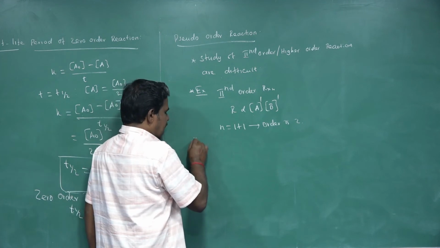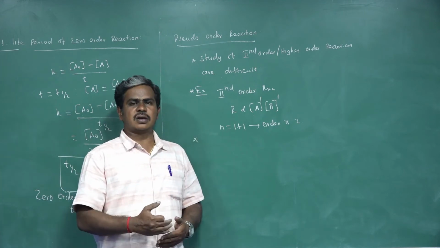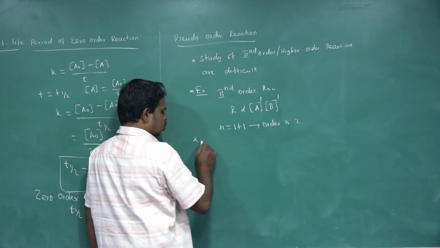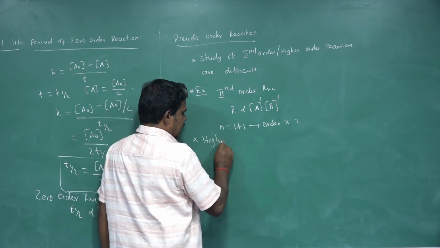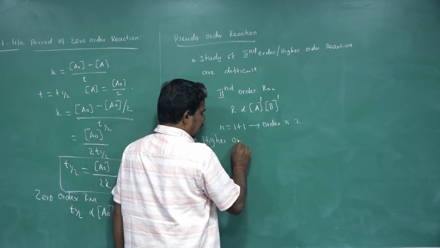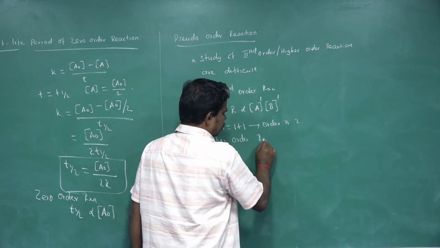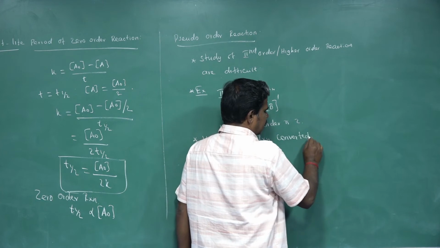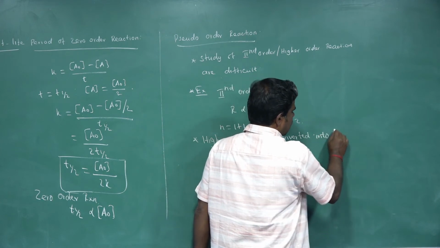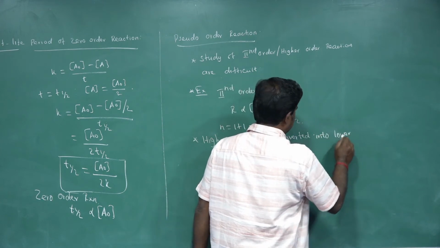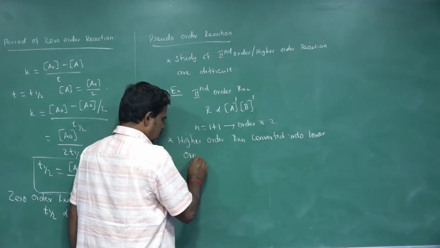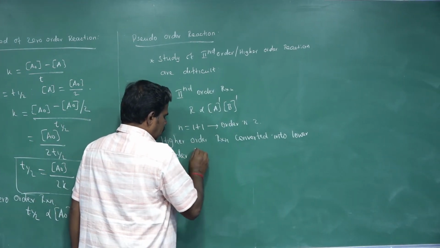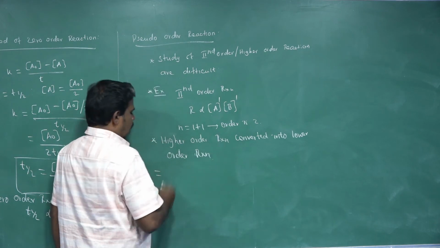So this higher order reaction is converted into a lower order reaction. How may we do this?